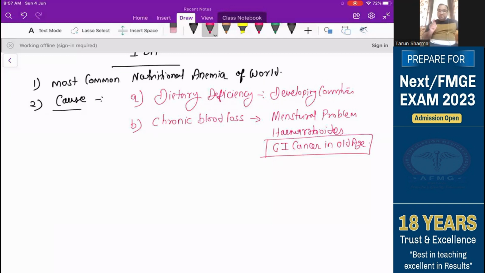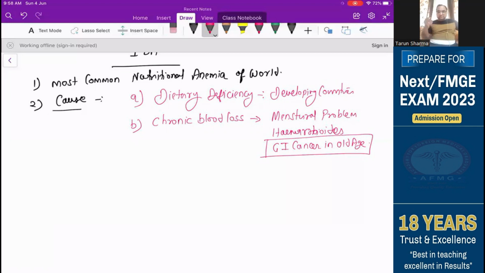Then always do an occult stool blood test, and if it comes positive, go for colonoscopy or GI endoscopy to visualize the GI cancer. It's very important that you can make a great diagnosis just by a very simple thing, and that is the iron deficiency. Okay, so that's why it is important. Remember, GI cancer in old age is a very important cause of chronic blood loss.